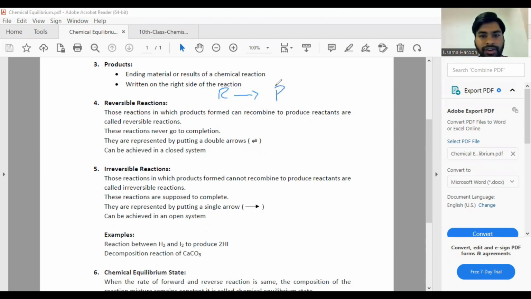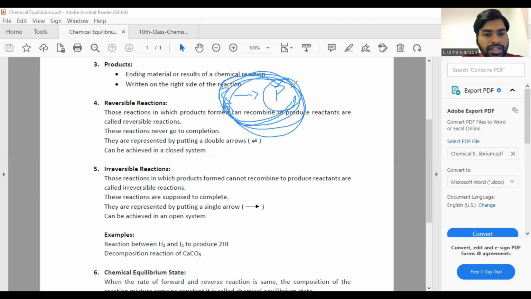There will be certain reactions in which these products formed can recombine to produce reactants as well. These types of reactions are known as reversible reactions. These reactions never go to completion. Why? Because the reactants are being converted into products, and the products formed will recombine to form reactants. So this becomes a cycle, and the cycle continues. It does not stop. That is why these reactions do not go to completion.